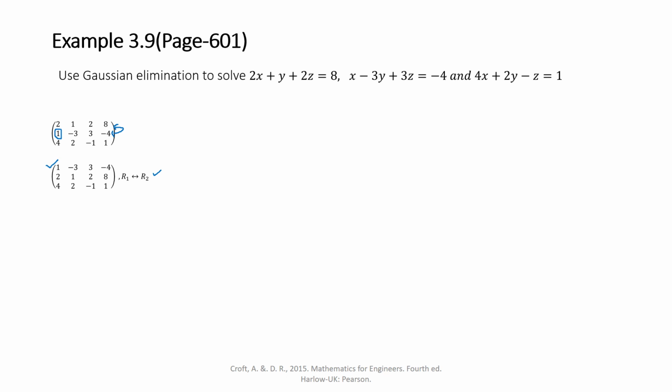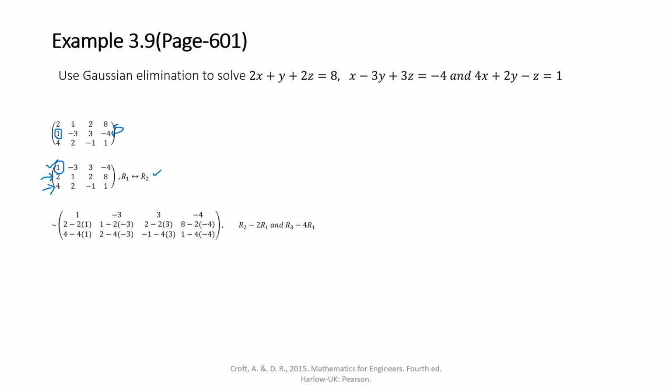Now we are doing leading 1 for this and leading 1 for this. Okay. So this one is not yet complete leading 1, because under it all of them, this 2 should be made 0 and this 4 should be made 0.